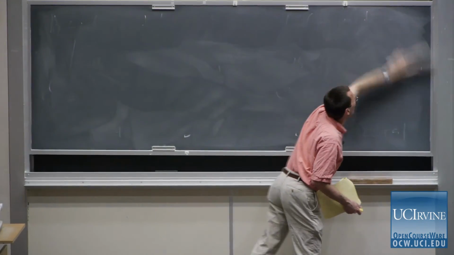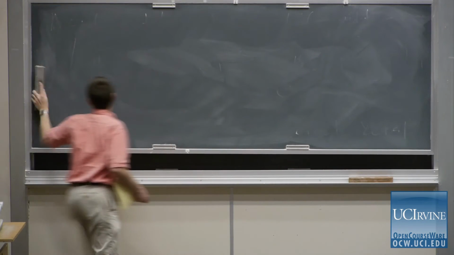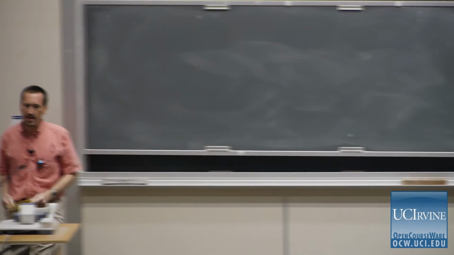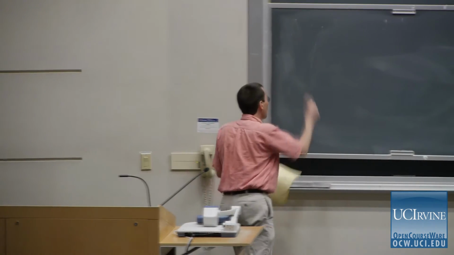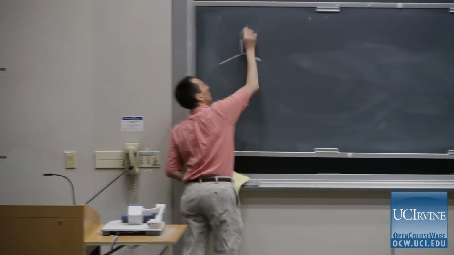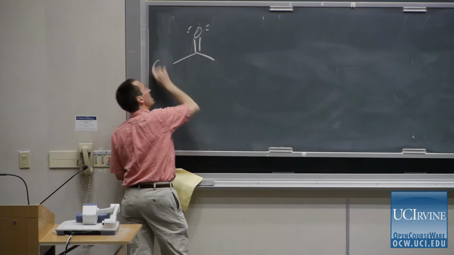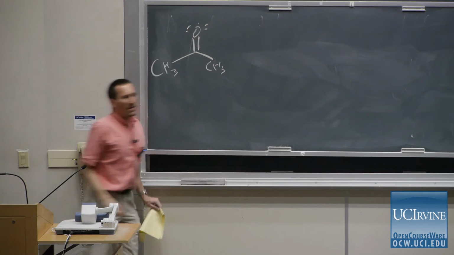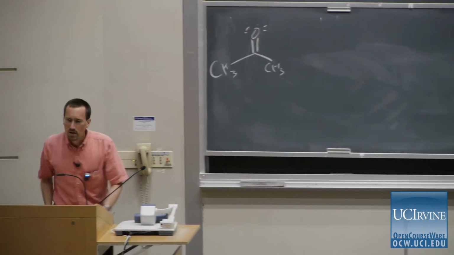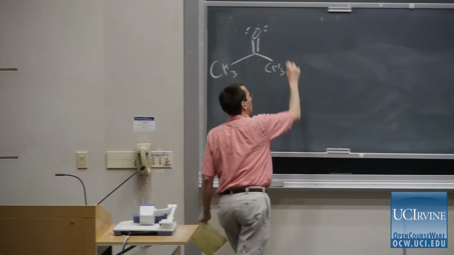Oxocarbenium ion formation is the same. Everything else is the same, except you're going to have methyl groups present. What do I mean? Because you don't actually have to know anything to write this. All you have to do is be able to think your way through. All right, we've got our acetone here, and we have our protonated methanol.